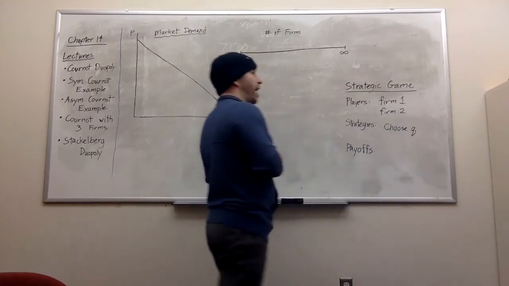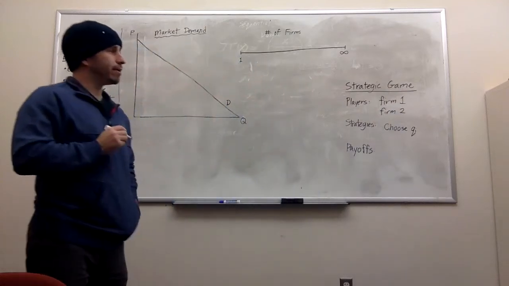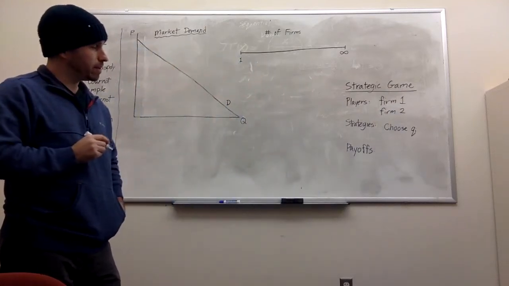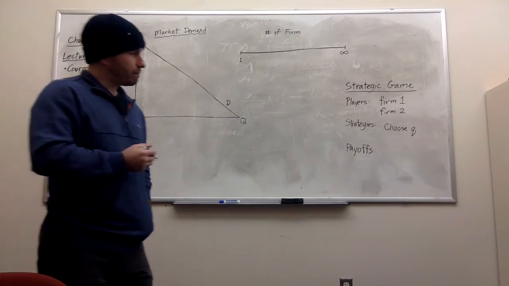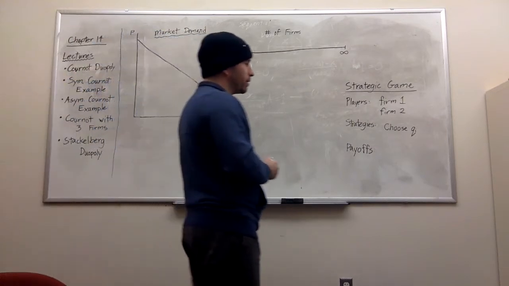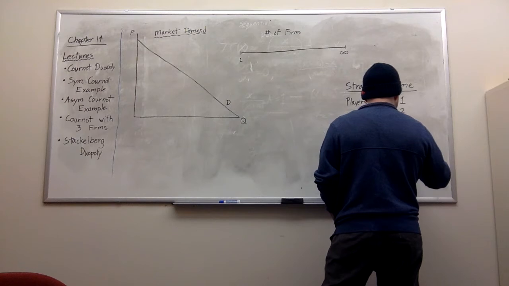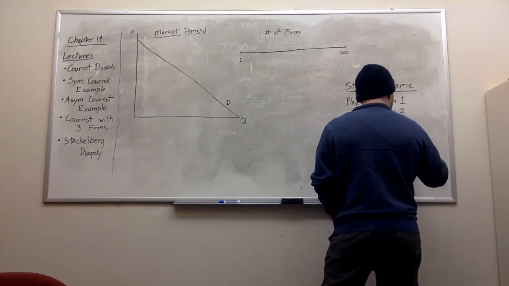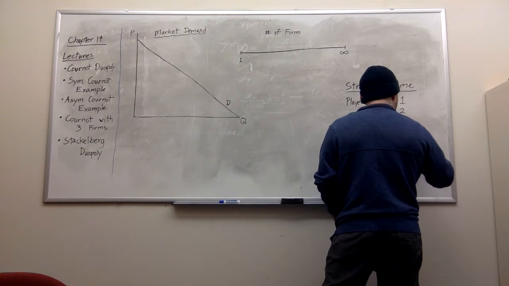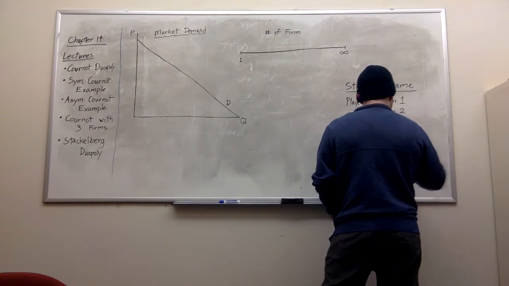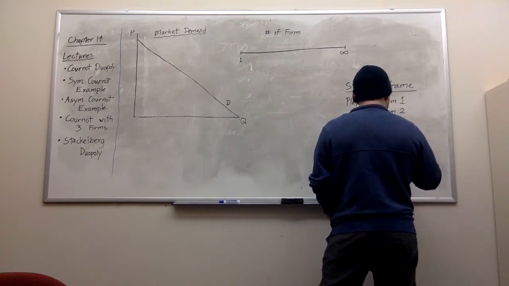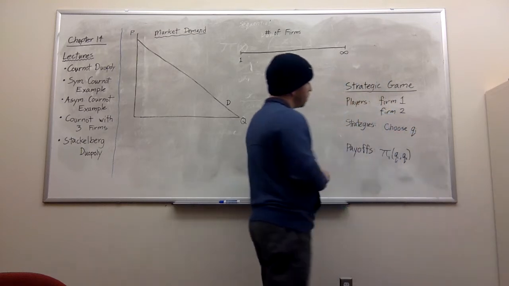Choose their own Qi, where i is equal to 1 or 2 for firm 1 and firm 2. And then their payoff is profits, right? And that's going to be dependent not only on their own output Q1 or Q2, but that of their competitor as well, right?